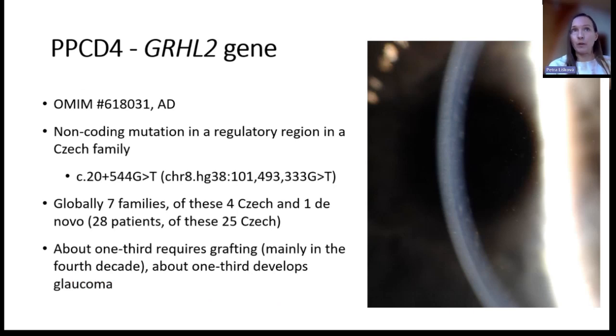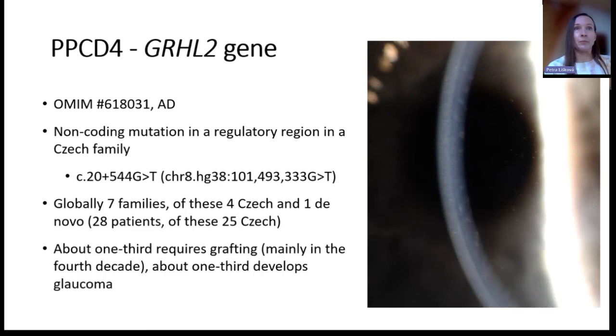So that was PPCD1 and PPCD3, and now we can move to PPCD4. The clinical entity was delineated recently, in 2018, when we identified that it's caused, again, by regulatory mutations, this time in GRHL2. All the genes involved in PPCD, OVOL2, ZEB1 and GRHL2, as you could see in some of the previous images, are mutually regulating their transcription, so it all fits.